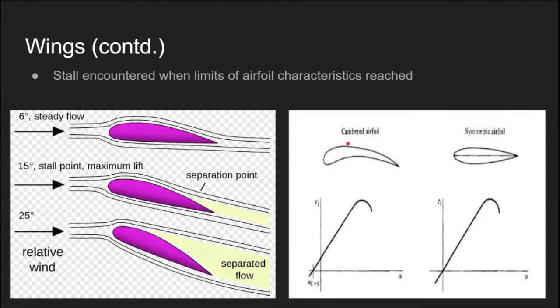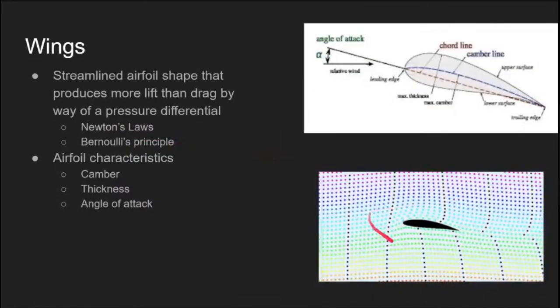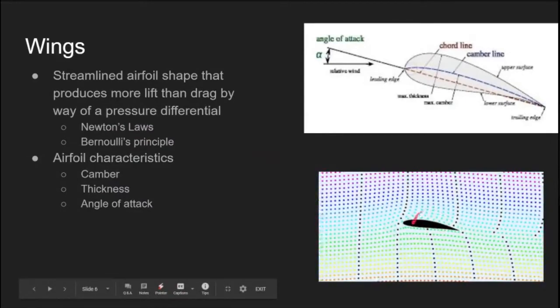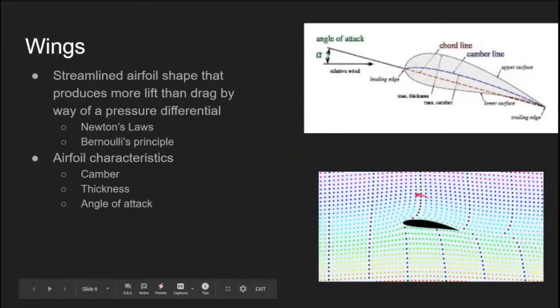So an important consideration that we have when you're using a wing on the car, for example, is the angle of attack that you set it at. So like I said here, this force that produces lift is caused by a pressure differential, right?